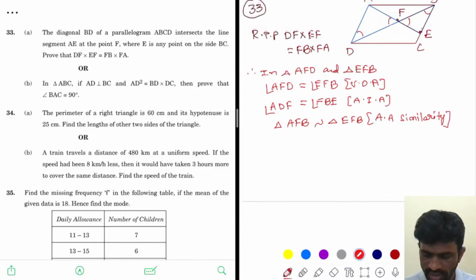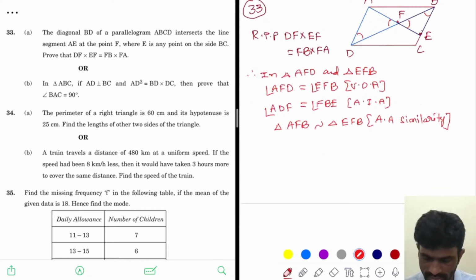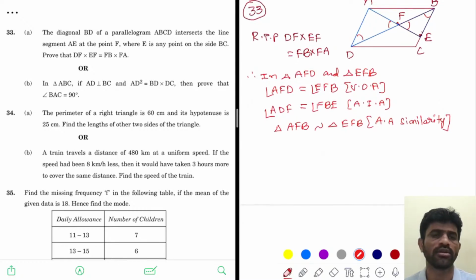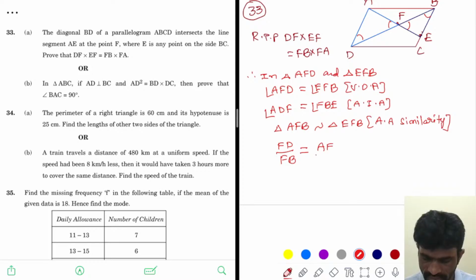Once they are similar, we can take the corresponding sides' ratio equal. Which corresponding sides do we want? We want DF, EF and FB, FA. So FD by FB is equal to AF by EF.